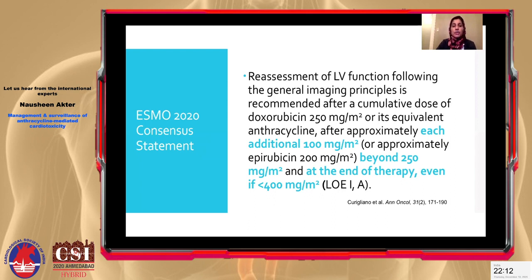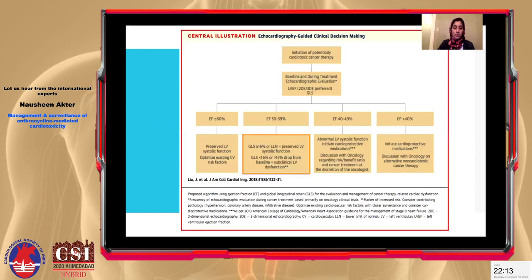After 250 milligrams per meter squared, or its equivalent anthracycline dose of doxorubicin, approximately each 100 milligrams per meter squared beyond 250 is where they recommend surveillance, and at the end of therapy, even if the dose is less than 400 milligrams per meter squared.